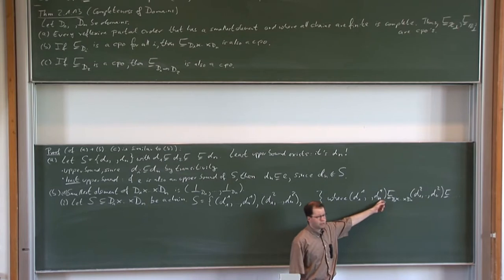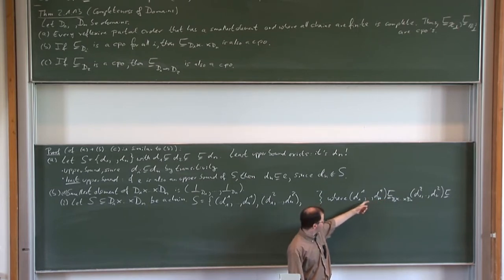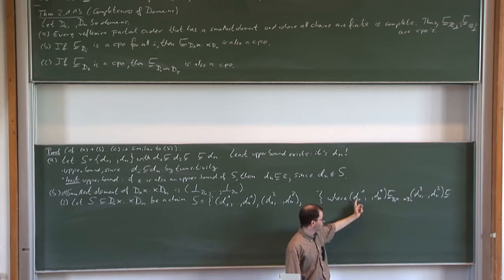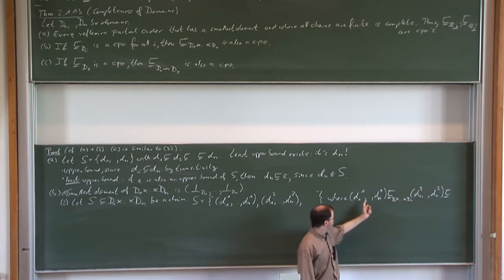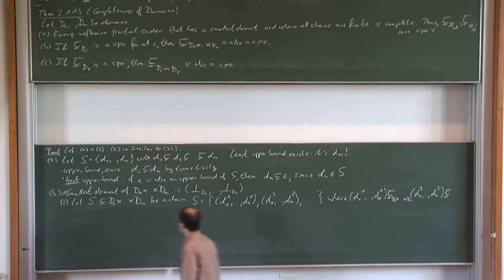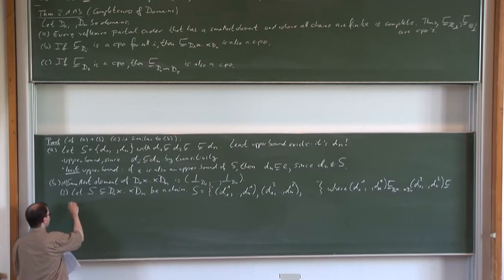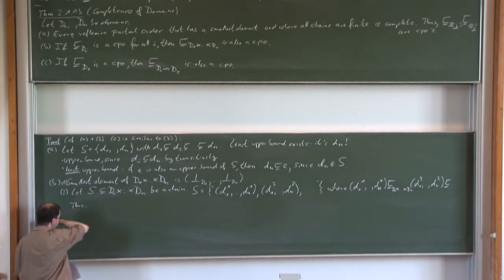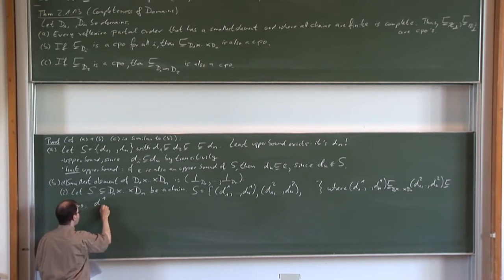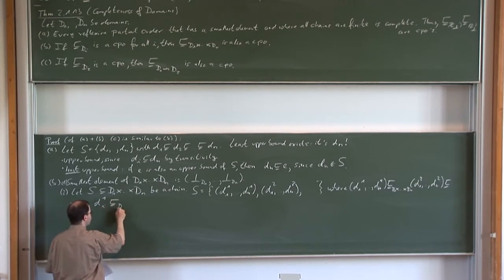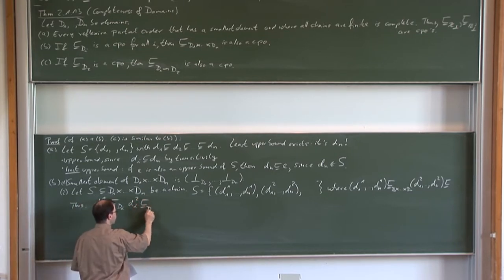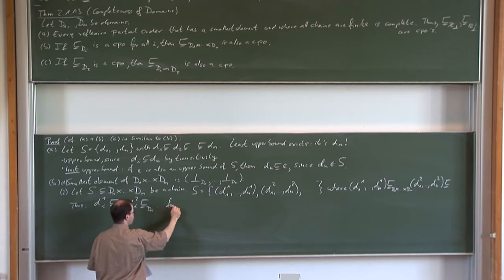The comparison of tuples works component-wise. So this tuple is less or equal than this tuple if the first component here is less or equal than the first component there, second component here is less or equal than the second component there, and so on. So we have the following thing. We have D1i is less defined or equal in the domain Di than D2i, and so on for all i.